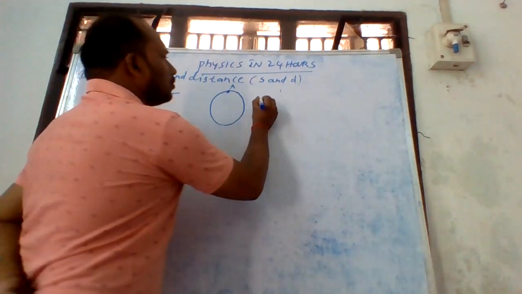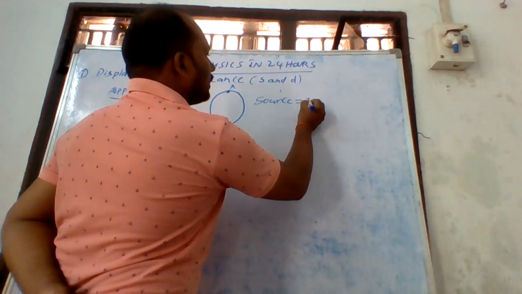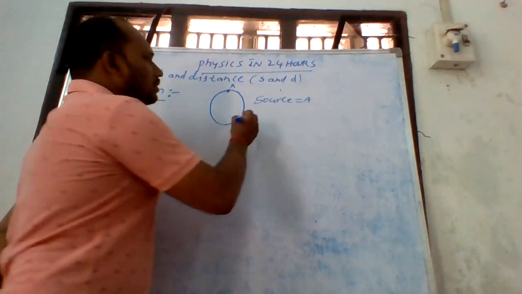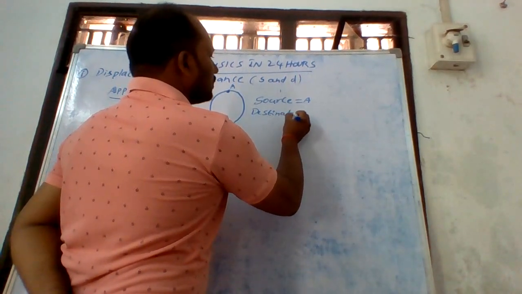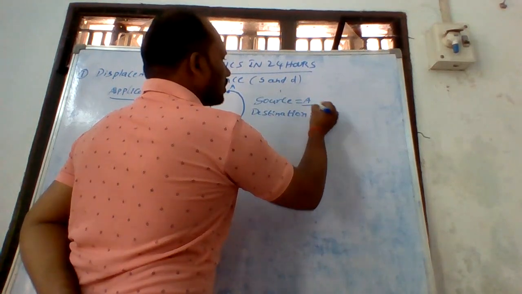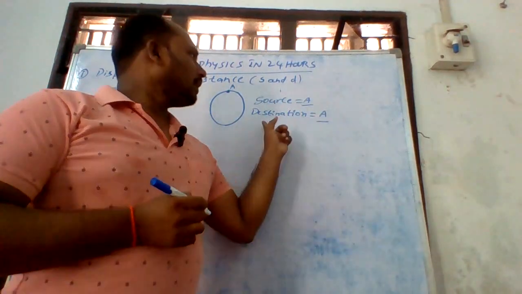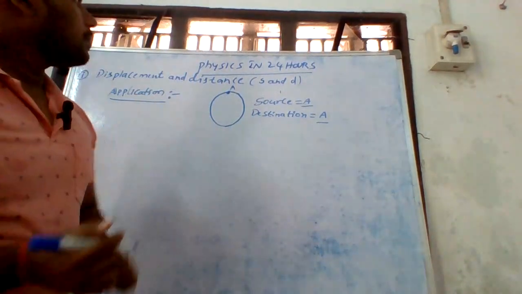So write down: source is A, destination is also A. So keep in mind, guys, source A, destination A. Both are A only.